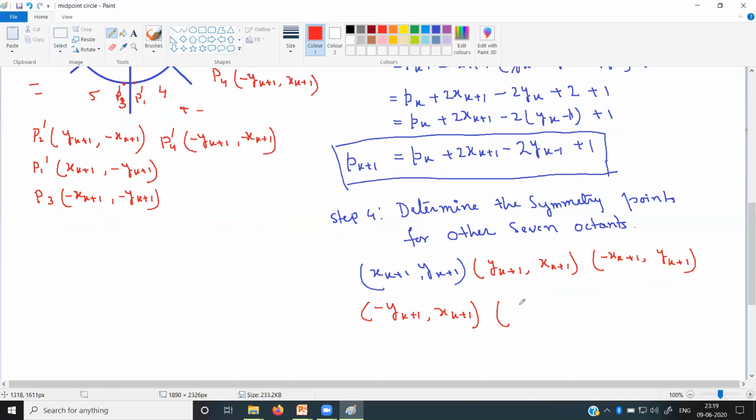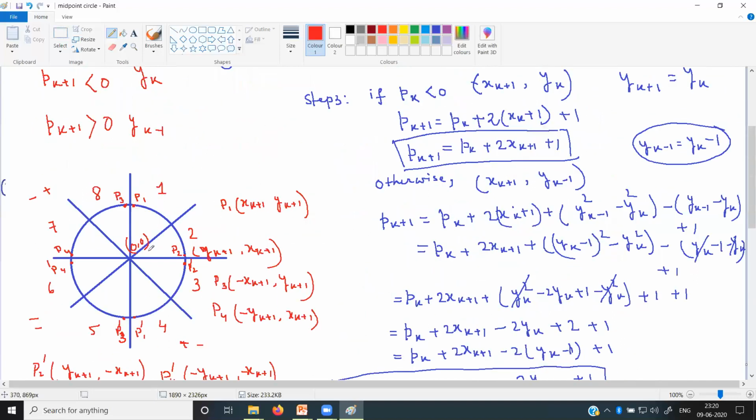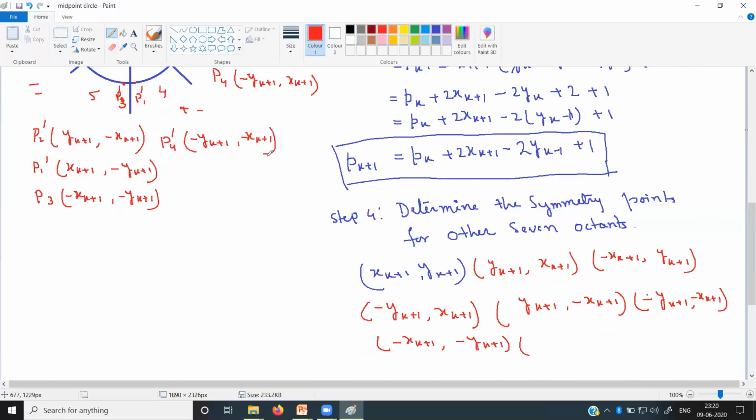Then we have to compute the points y of k plus 1, minus x of k plus 1, then minus y of k plus 1, minus x of k plus 1, then minus x of k plus 1, minus y of k plus 1, and the last point is this one, P3, which is minus xk plus 1 and plus yk plus 1.